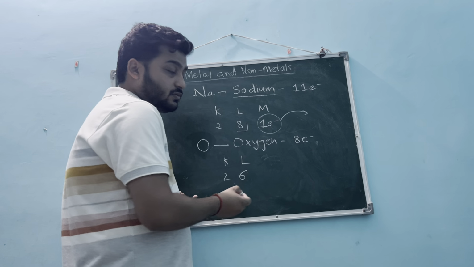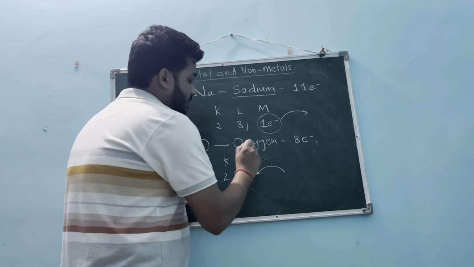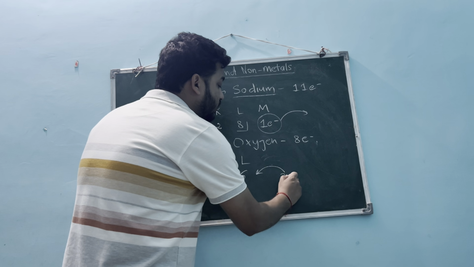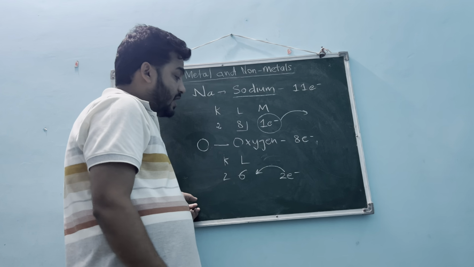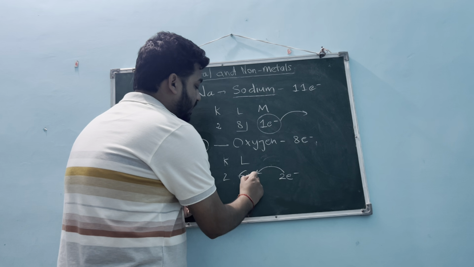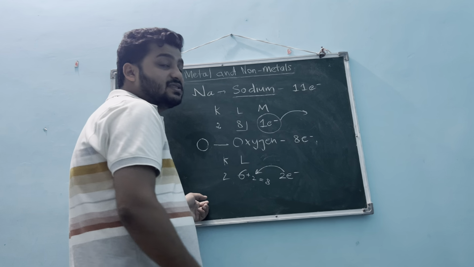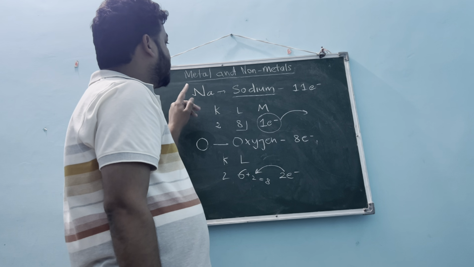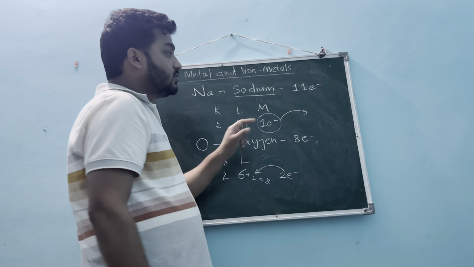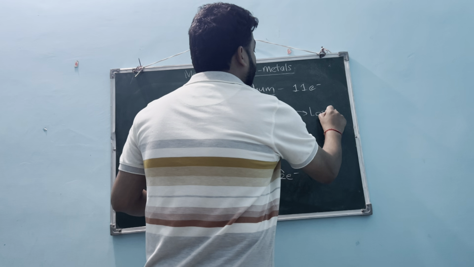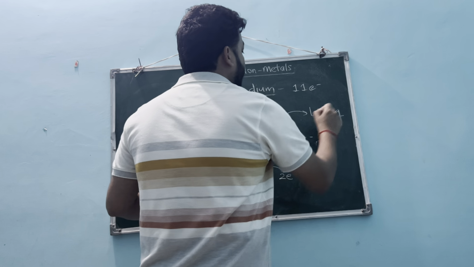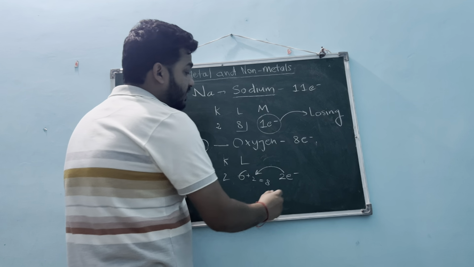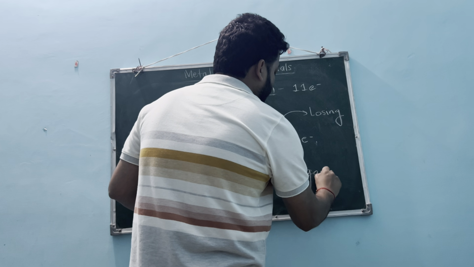So what will it do? It will take 2 electrons and become 8 to get stable. So there are 2 different things happening in the elements: sodium is losing electrons and oxygen is gaining electrons.